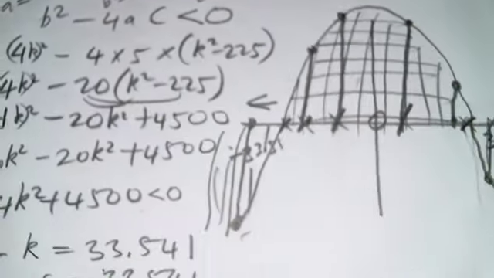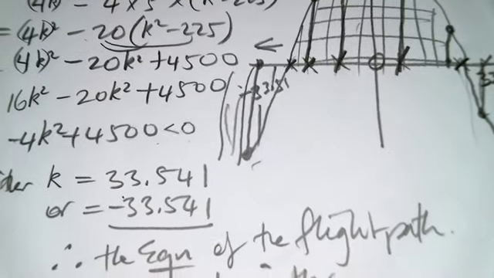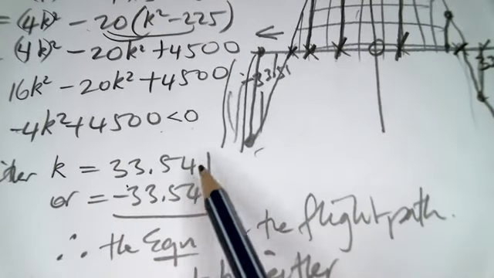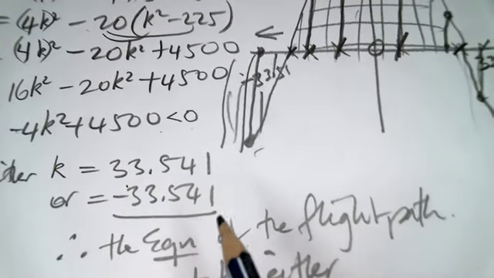Thank you. All right. I would say that the values of k, the intercepts. So this is what I would say.